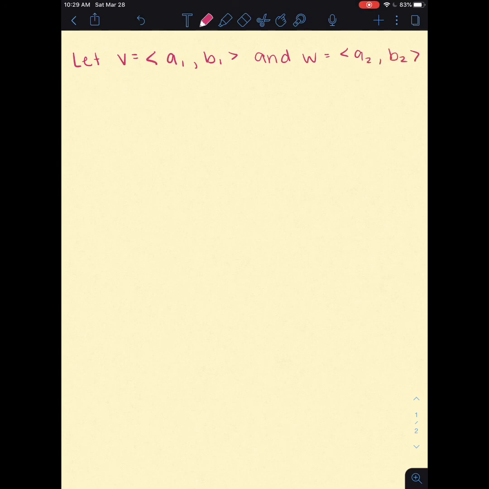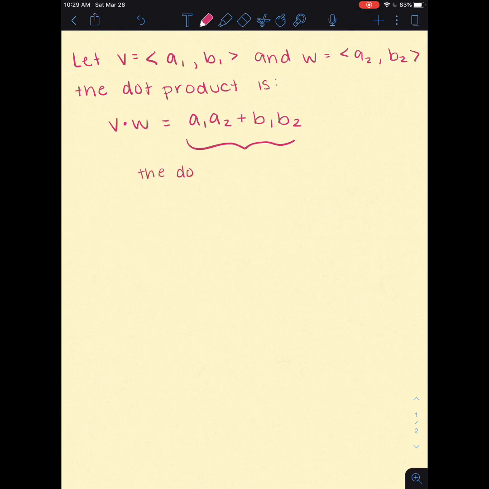If we have these two vectors, the dot product is represented by v dot w, showing our dot product notation, a1 times a2 plus b1 times b2. And I want to make sure it's very clear that whenever you find the dot product, it produces a scalar.